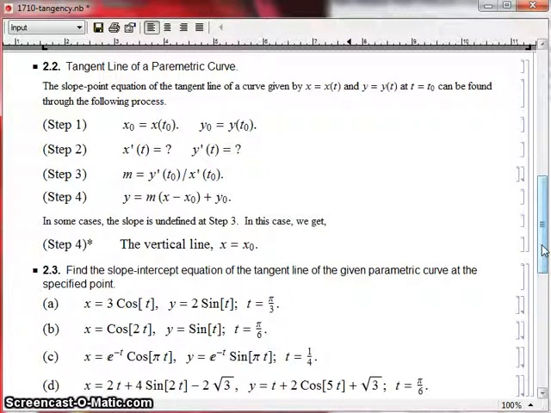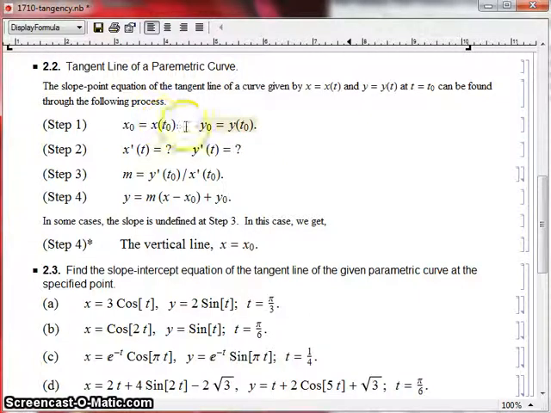In that case, you have to find a point, x naught and y naught, by plugging in t equals t naught to those functions. And then we have to find the derivatives, x prime and y prime respectively. Finally, the slope formula. Slope turns out to be y prime of t naught over x prime of t naught.